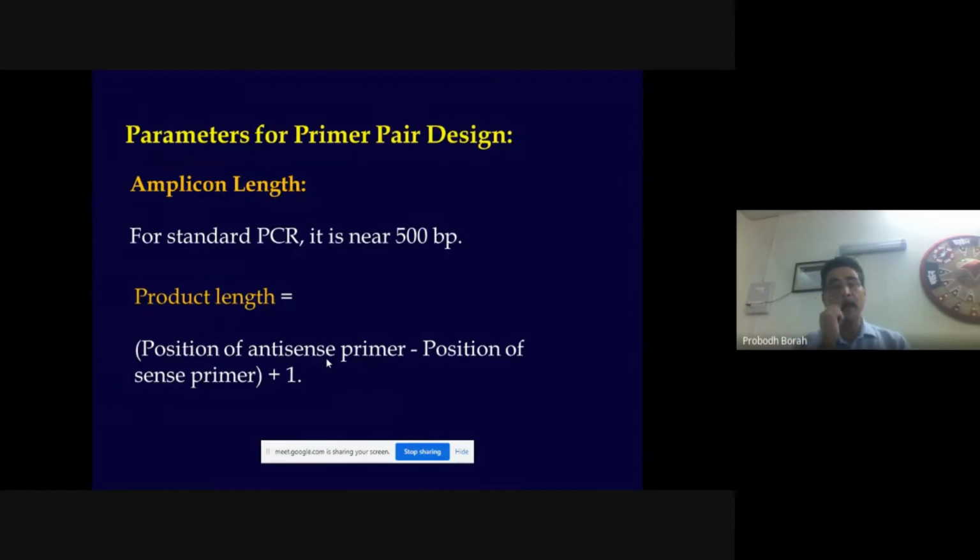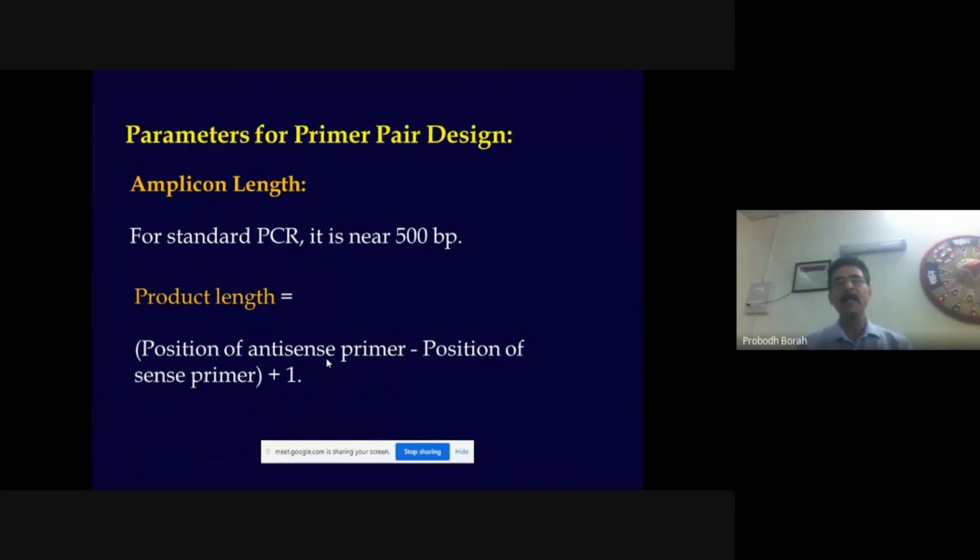Out of 1000, one particular nucleotide will get changed. But by PCR reaction, we need exactly the same copy of the nucleotide sequence. We want millions of copies of the same sequence, and we do not want it to be mutated. So to ensure that, if you are using conventional PCR employing Taq polymerase, we should restrict the product length to around 500 to 600 BP, so that every time it gets amplified, we do not get any mutated product.